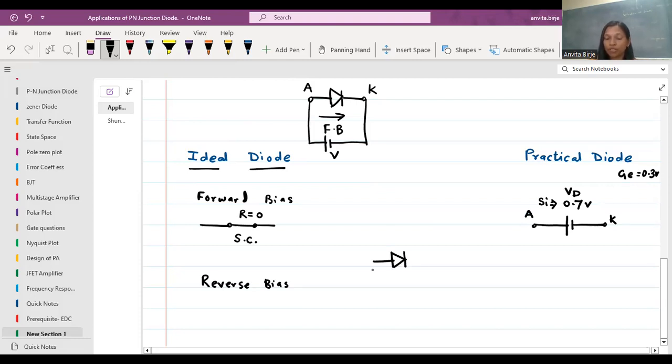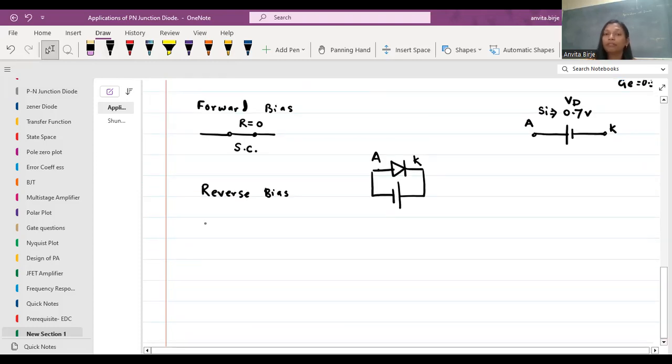So here I'm just changing the supply polarity. My anode terminal is connected to the negative terminal of the battery and the positive terminal of the battery is connected to the cathode terminal. This way we can make our diode reverse biased.